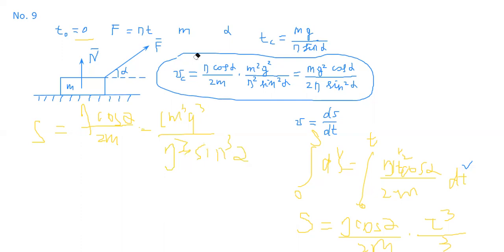You have forgotten about 3 in the denominator. So here it is necessary to write 6 because we have 2 here and 3 here. After multiplying, it will result in 6.